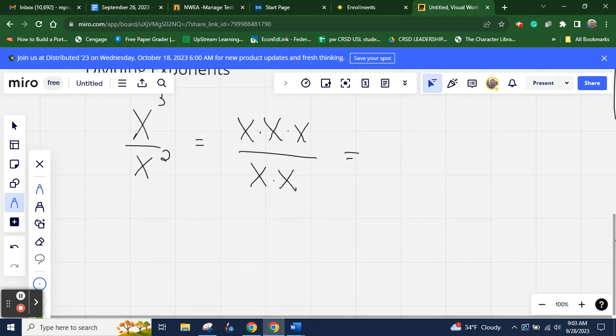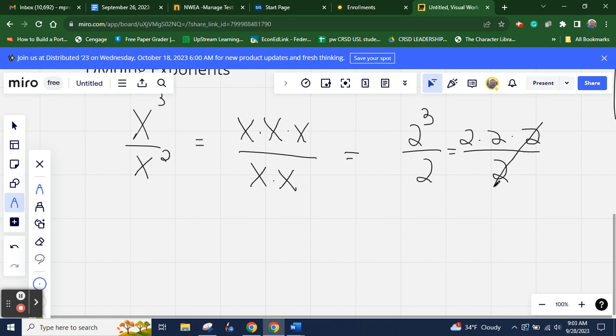You probably remember this. Let's say we had 2 cubed over 2 squared. So if we had 2 times 2 times 2 divided by 2 times 2 on the bottom, with fractions, you should know this.